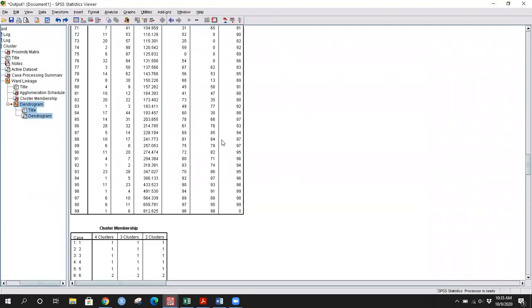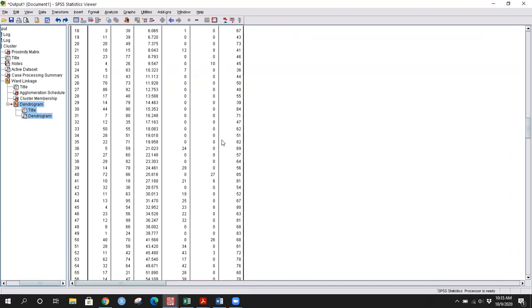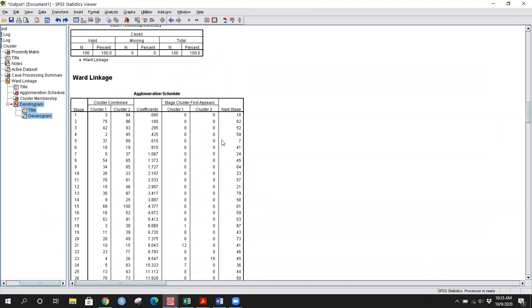And about the output, we were able to understand about the agglomeration schedule last time. Now today, I'm going to tell you where we actually understand that, okay, this is the optimal number of clusters I was looking for.